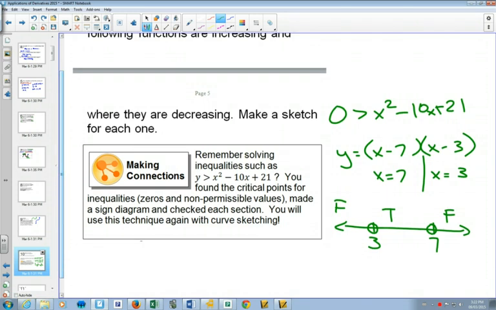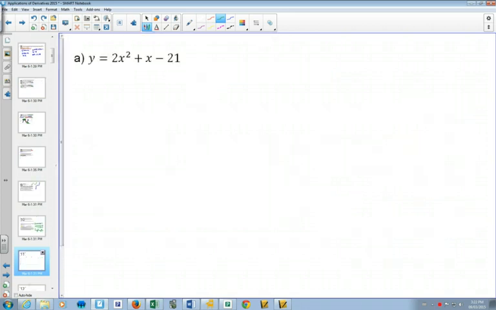So part of the nice thing about that technique is we use it again with curve sketching, but instead we look not at whether something is true or false, but whether it is positive or negative. So here's 2x squared plus x minus 21.